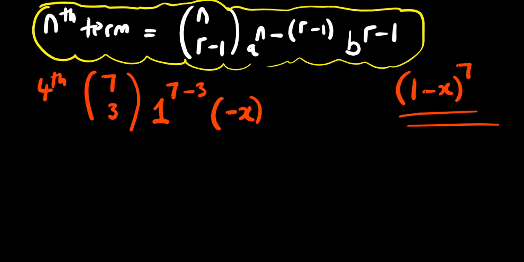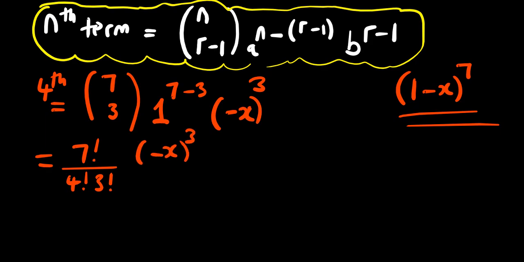So for the fourth term we say 7 factorial over 7 minus 3, that is 4, so 4 factorial multiplied by 3 factorial. 1 to the power 4 is just 1, which I'm not going to write. Then I've got negative x to the power 3.